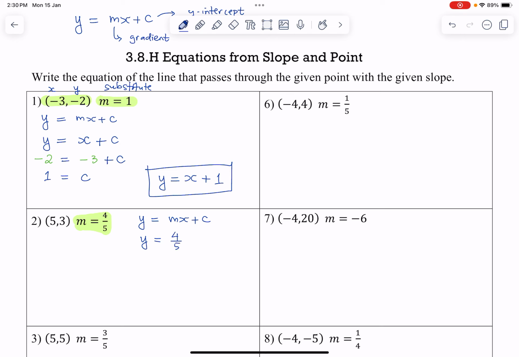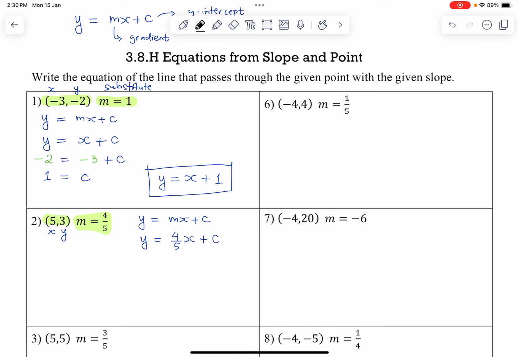So we have 4/5 times x plus c, which is unknown. Then we look at which point the line passes, which is (5, 3). So when x is 5, y is 3.